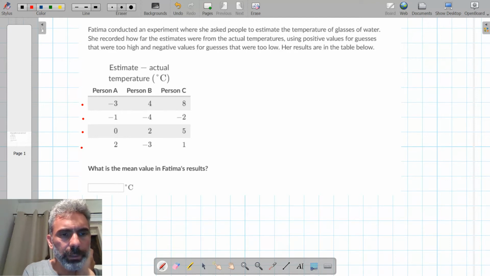So for glass number 1, the mean is -3 plus 4 plus 8 divided by 3.